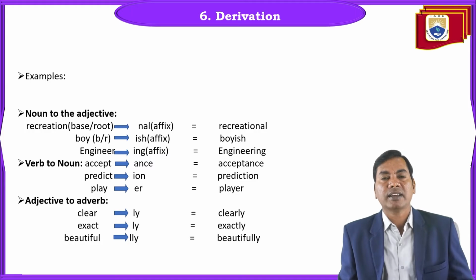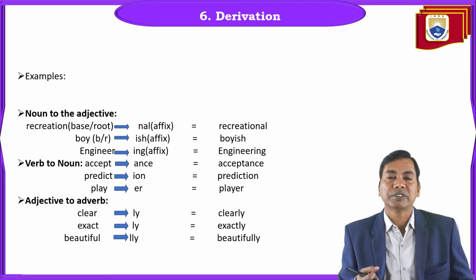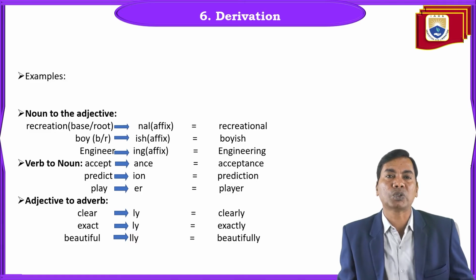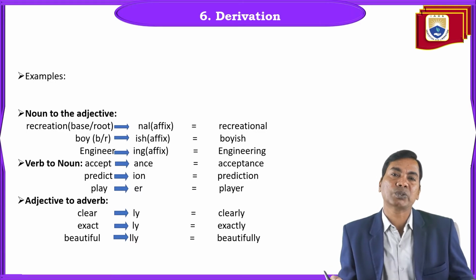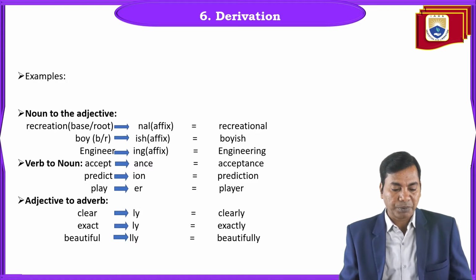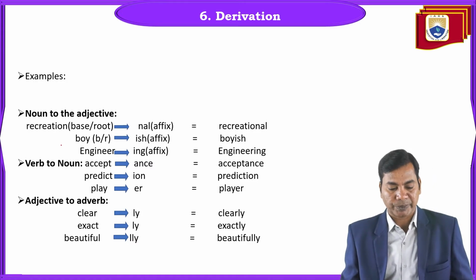So we can derive new words, as I told you, from the root words. You know the root words, right? By adding a prefix or suffix to the root word, we derive new words. For example, look at this. Recreation is a base word.